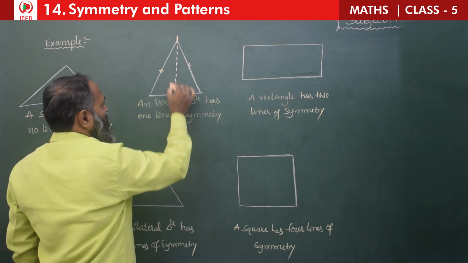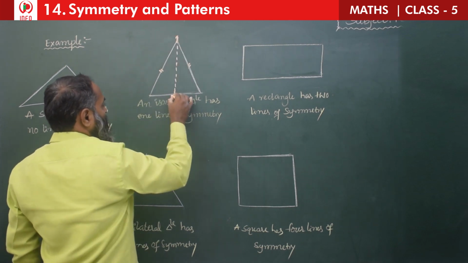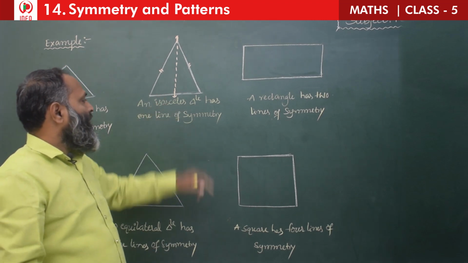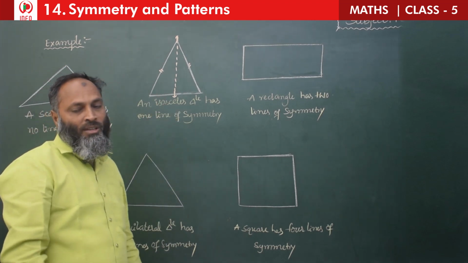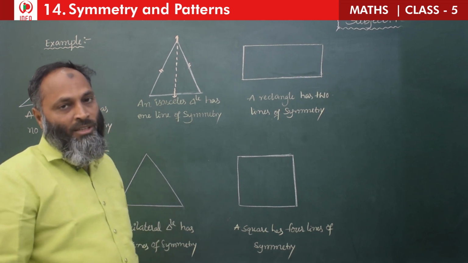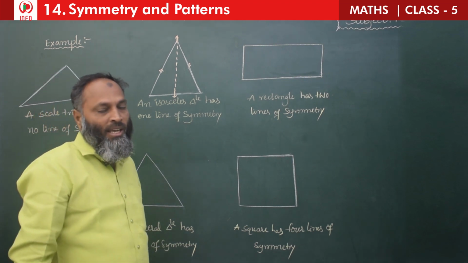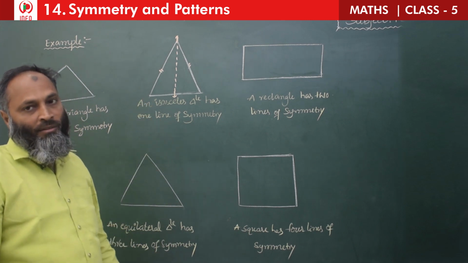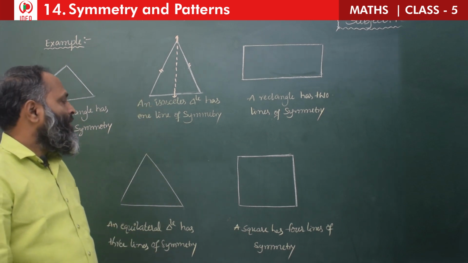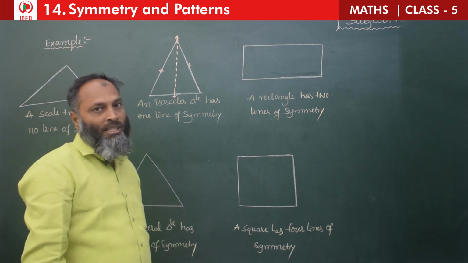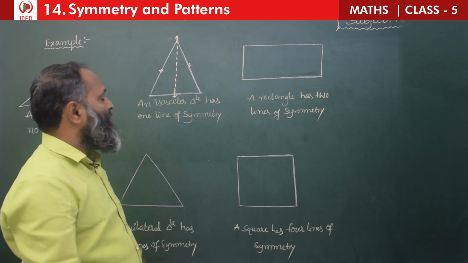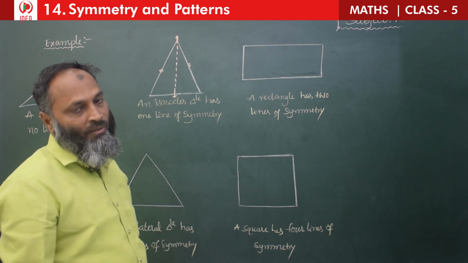So we can draw one line of symmetry in an isosceles triangle, only one.